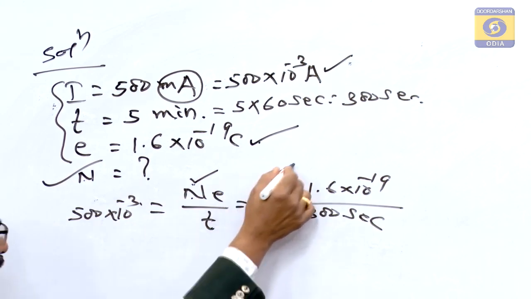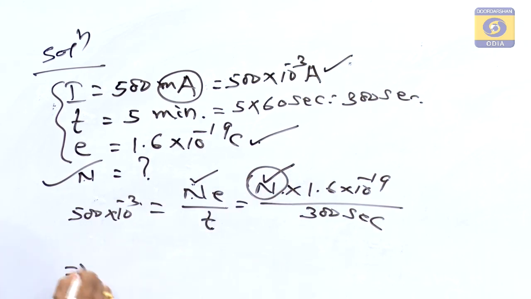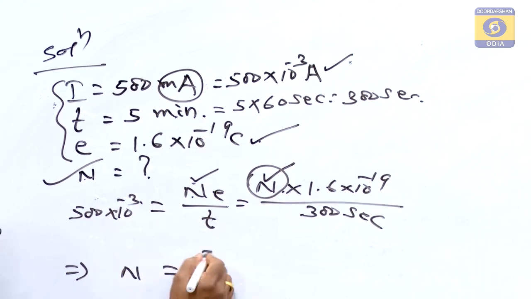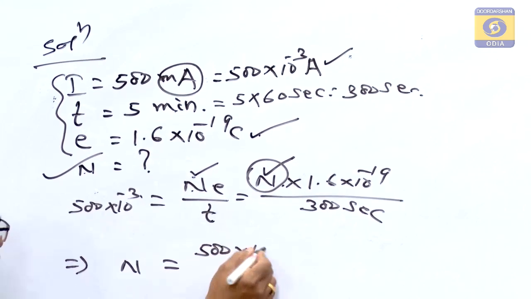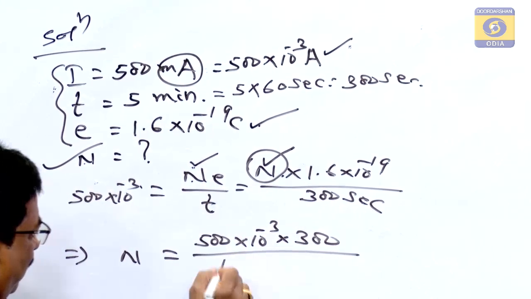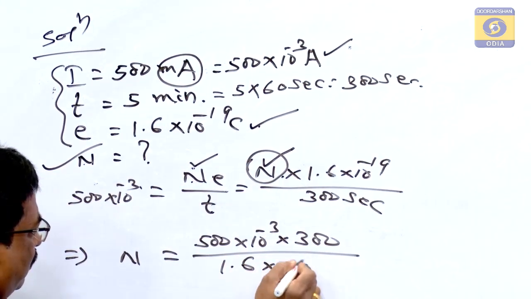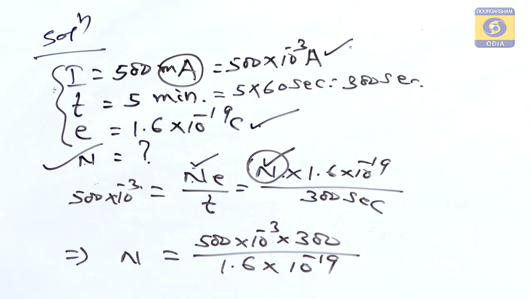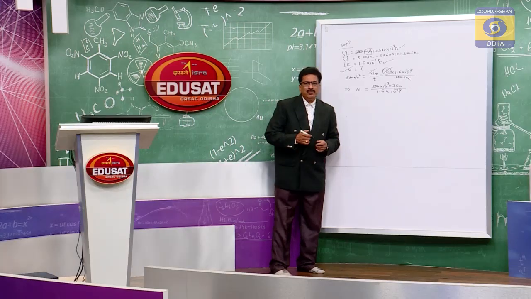The question is asking for N, that implies N is equal to 500 into 10 to the power minus 3 into 300 divided by 1.6 into 10 to the power of minus 19. If you solve and simplify that, you will find the value of N. So this is the numerical.